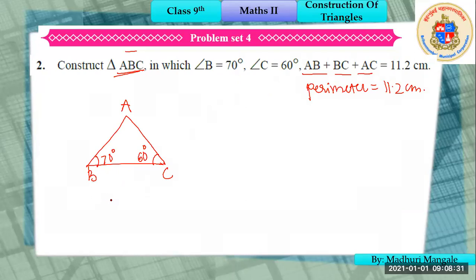Okay, so this is type 3 construction where we draw the perimeter first. So draw the perimeter first, which is 11.2 centimeters, right? And then we draw half the angles. So half of 70 would be 35 degrees over here, and half of 60 would be 30 degrees on this end, right?